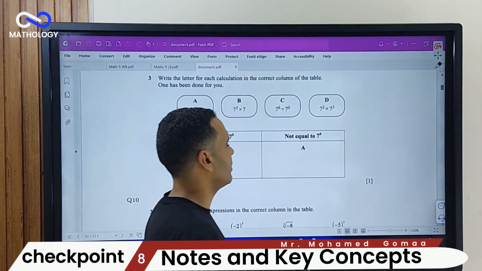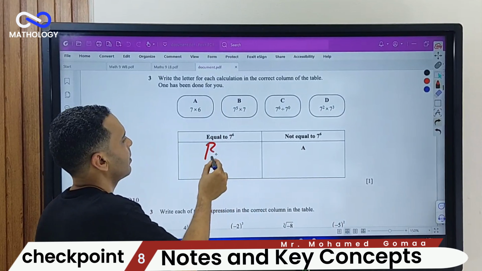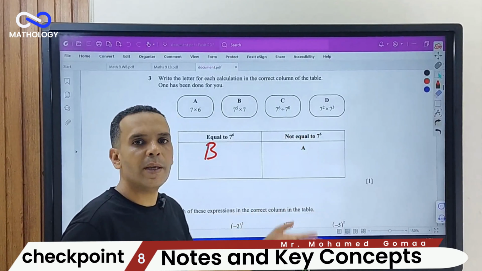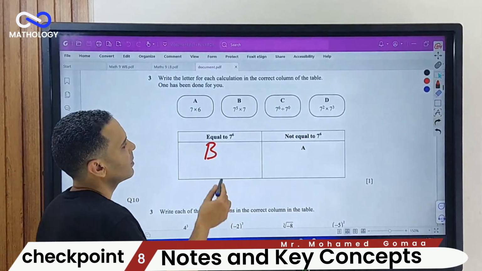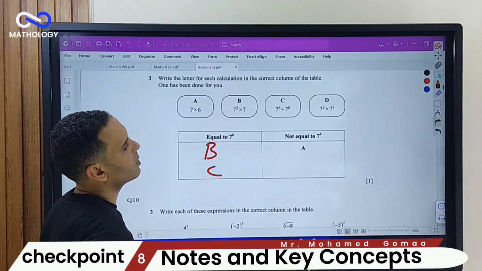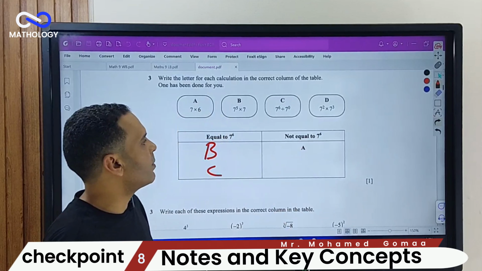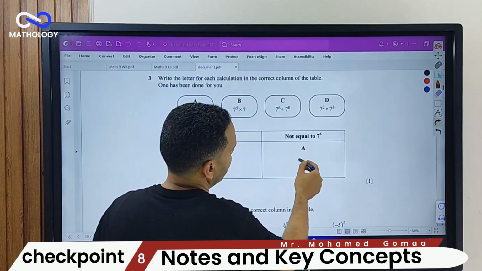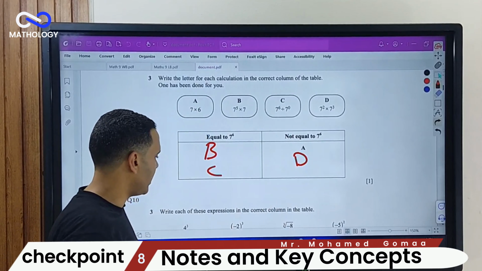Put B here. 7 power 6 divided by 7 power 0 means 7 power 6 divided by 1. It will be 7 power 6. See also here, 7 power 2 multiply 7 power 3 equals 7 power 5. Not equal to 7 power 6. Here D and A, we put A, like this one.